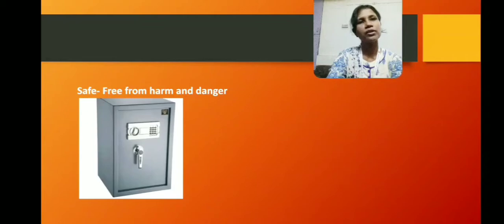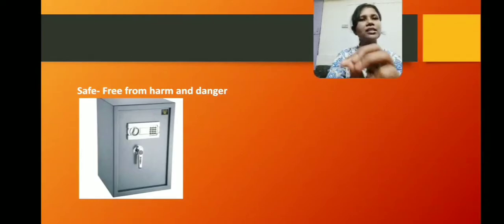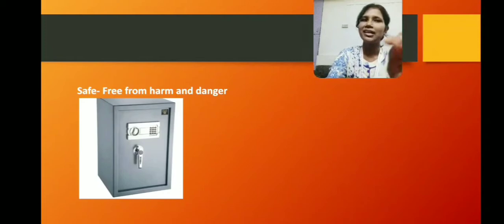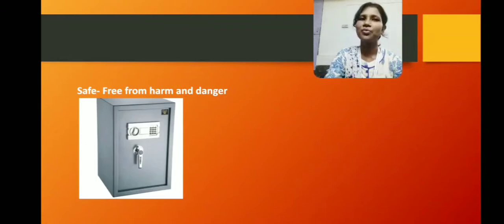And why have we locked the locker? To keep the things safe inside it. So we feel that our things are safe inside this locker. So safe means free from harm and danger, is it not? So my dear students, I hope that you have understood the new words well.